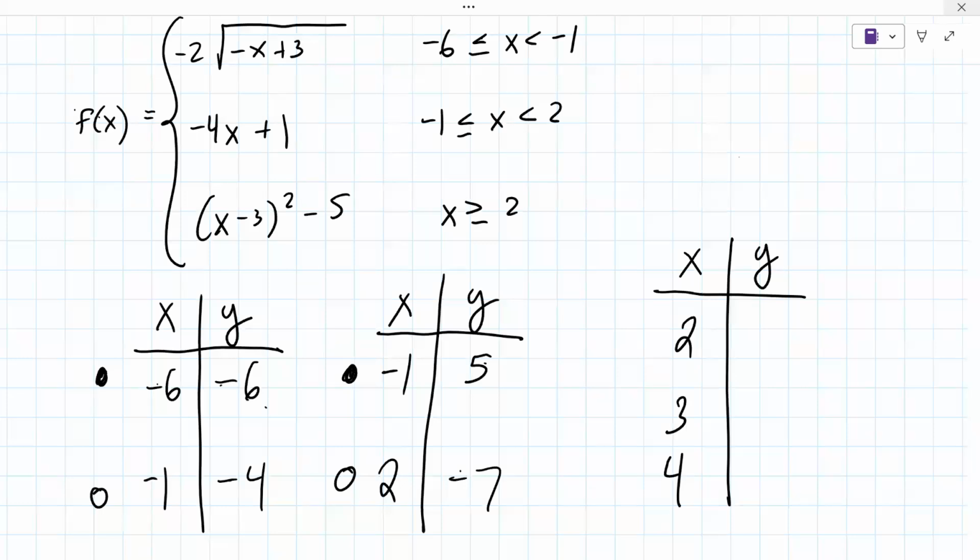For 4, -5. It is not -5. Try again. Oh, I'm sorry about that.